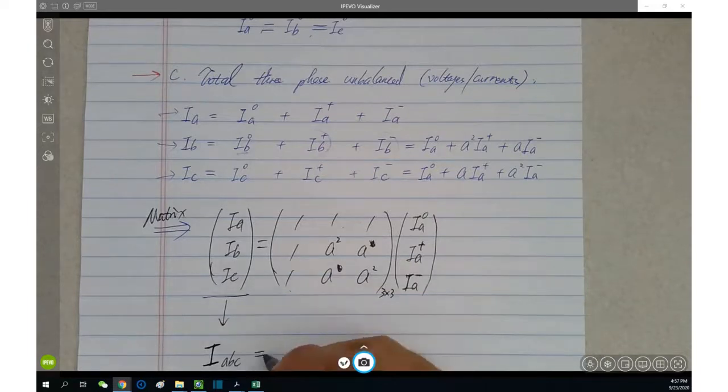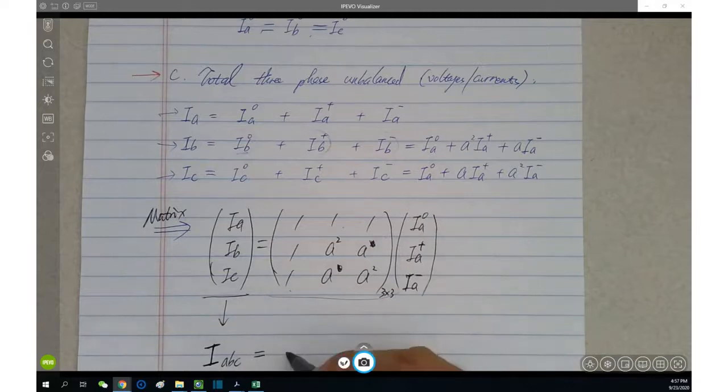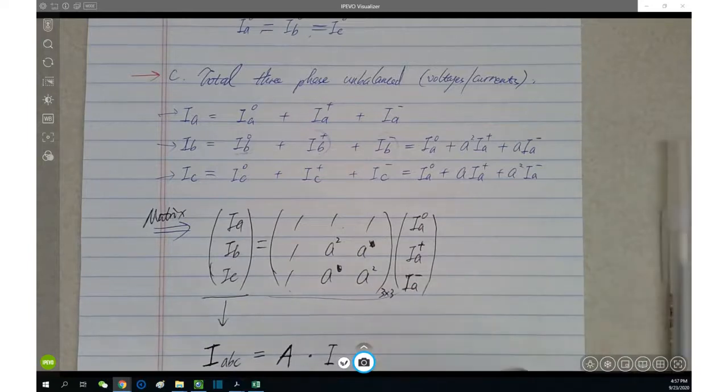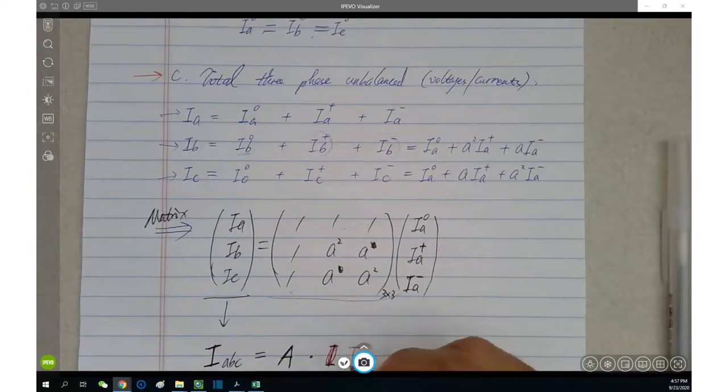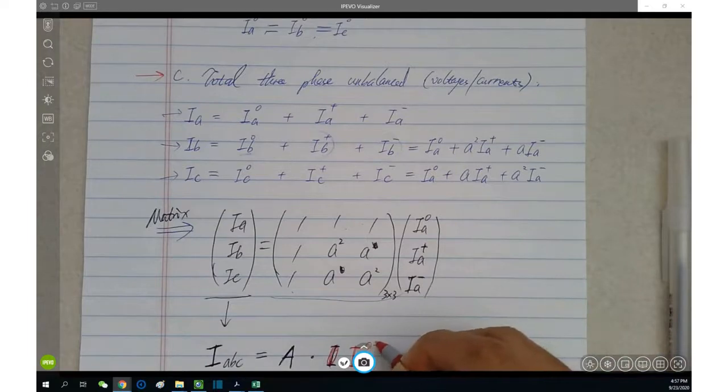It's just equal to this middle 3x3 matrix, which we gave the name capital A, the matrix name, left-multiplied onto what? This is the most important one we learned today. Call it capital A, with subscript A and superscript 0, plus, minus.